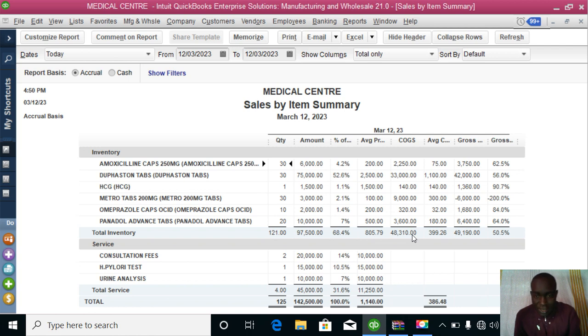Now in case this day they wanted to do a purchase of new things which they don't have, and they presented a list to you, say for 70,000, the purchase can be limited to this 48, which is the value of drugs which have gone out.